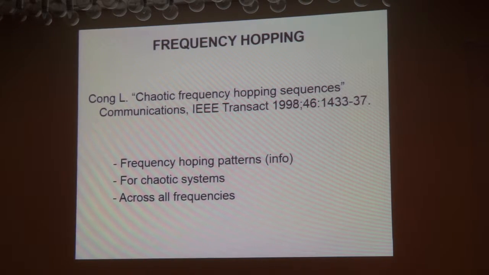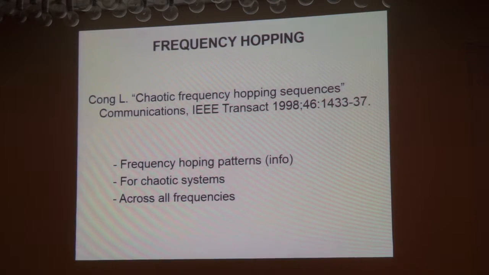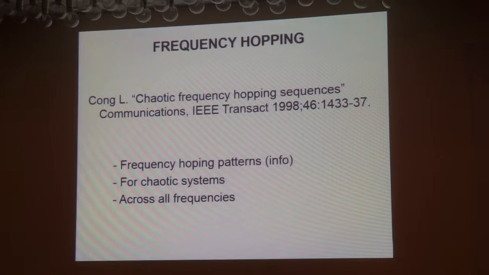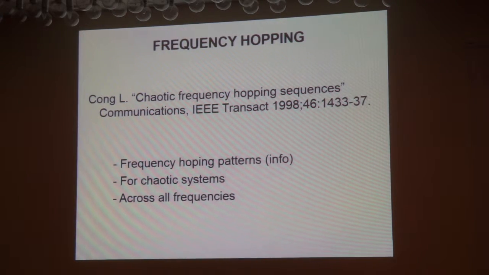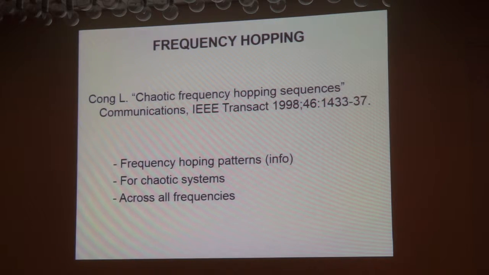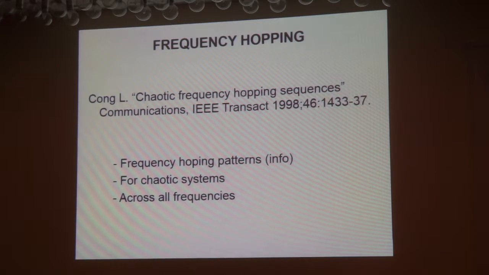Frequency hopping is in the scientific literature. Here's an example from IEEE transactions. This particular study talks about frequency hopping patterns and the fact that it occurs across all frequencies, which is interesting because according to Cyril Smith, any frequency can be used to imprint water across the entire spectrum.